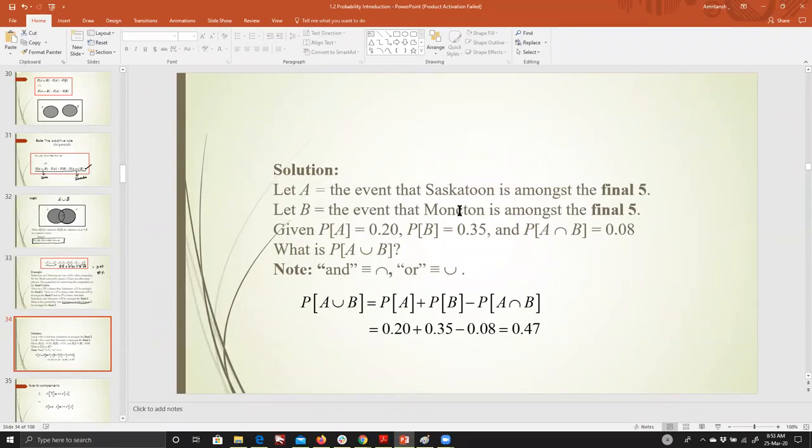Event B, the event that Moncton is among the final 5. P of A is 0.2, P of B is 0.35, and P of A intersection B is 0.08. So fundamentally what we were asking is, what is P of A union B? The calculation is extremely simple and straightforward. Still, if someone has a doubt, I can explain.